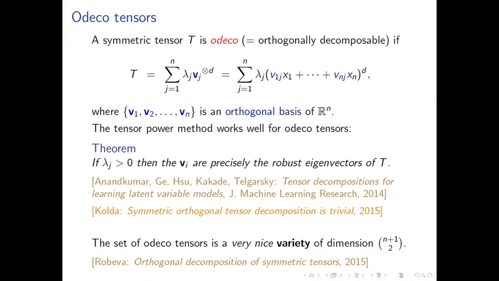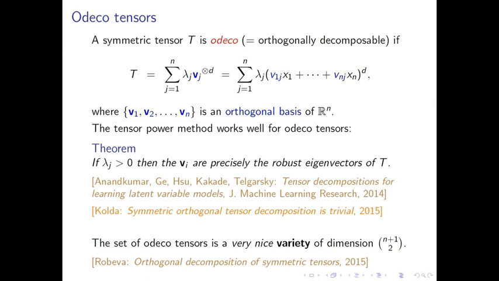Now, ODeCo tensors are very, very nice. So that's been recognized in the machine learning community. So here's a theorem due to Anandkumar and her collaborators from a couple years ago on learning latent variable models. And it says the following. Suppose in such a decomposition everything is real and the lambdas are positive. Then the v_j that you see in the decomposition are precisely the robust eigenvectors of the tensor, the robust fixed points of our dynamical system.